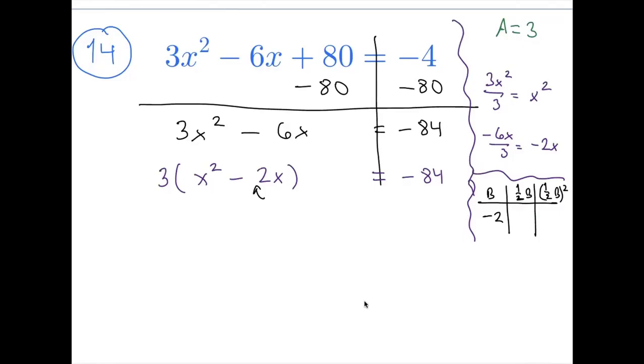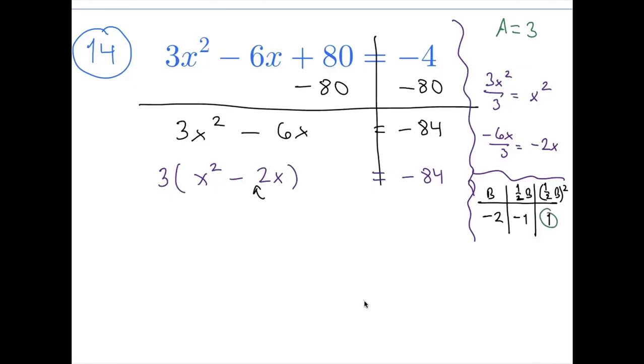So that's -2. Half of -2 is going to be -1. And then -1 squared is going to be +1. That 1 that we got, we're going to add to both sides. So we're going to go ahead and circle that 1 that we have here.